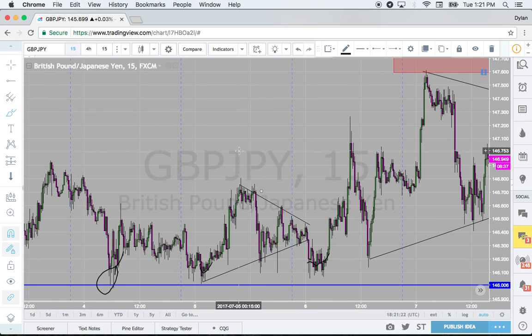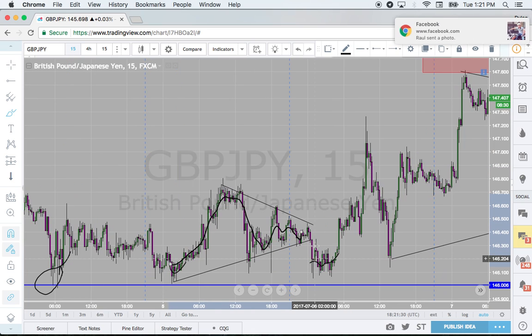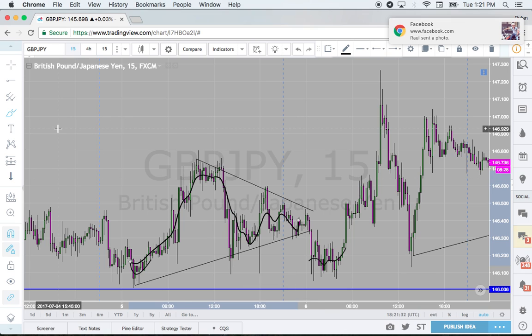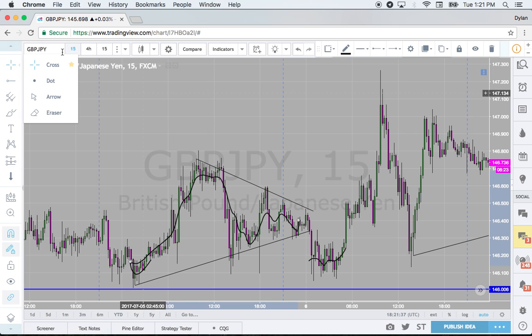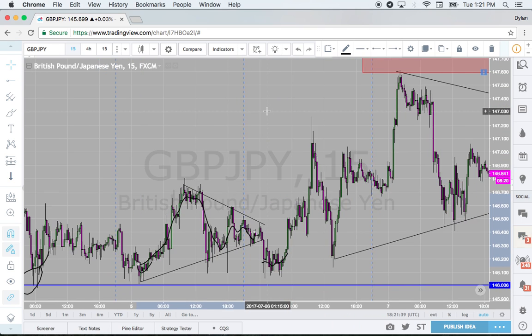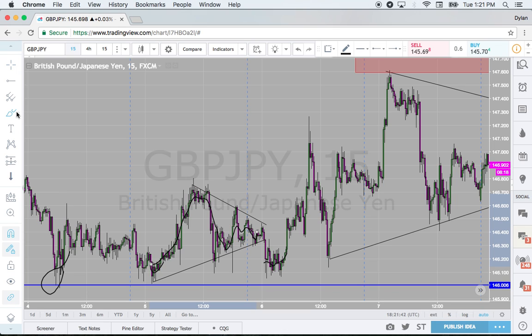Now, what we also notice is this wedge formation forming here, and then we can see the squeezing point of this wedge, the tip, the cone, the point of the wedge happened Asian session.